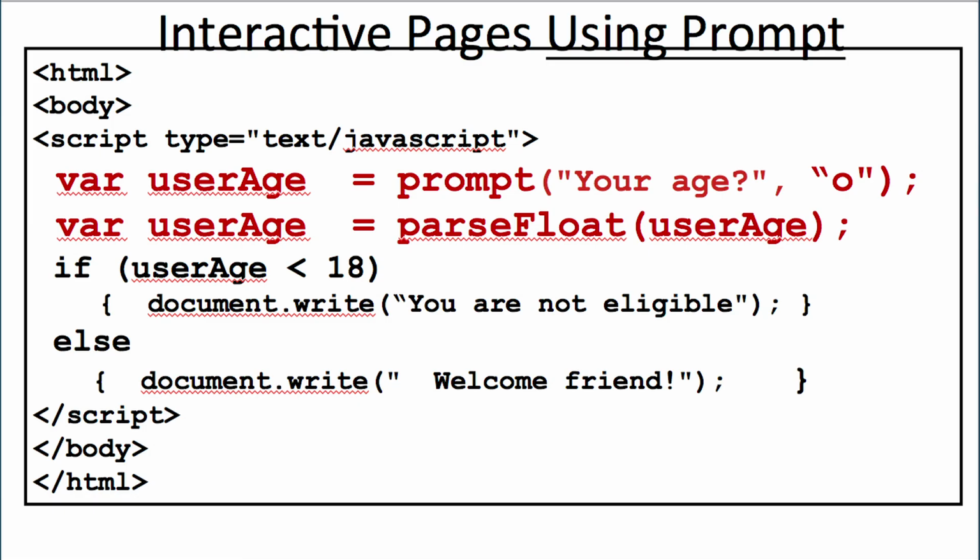So we are providing voting rights to the candidate. If userAge is less than 18, then the statement document.write "you are not eligible" will be displayed on our screen. Otherwise, it will go to the else block, and here is another message, "welcome friend, welcome for voting". We can write other statements here also, and this script is closed, body is closed, and HTML is closed.